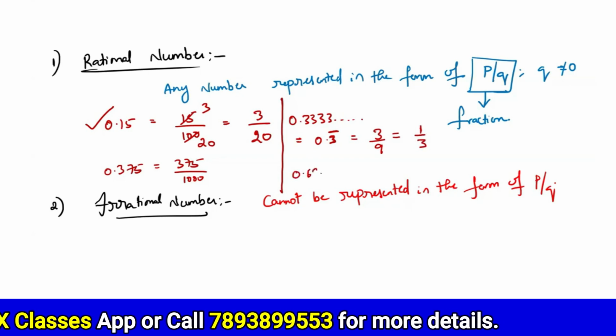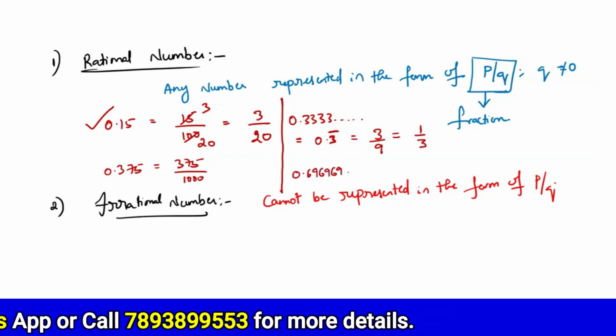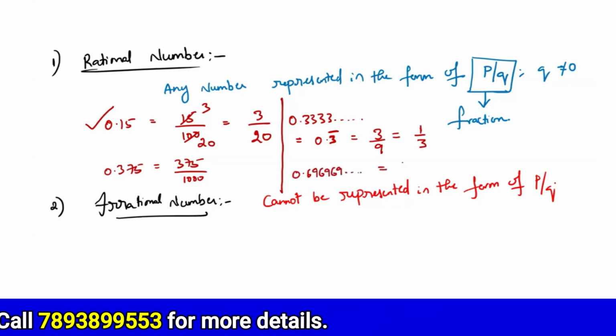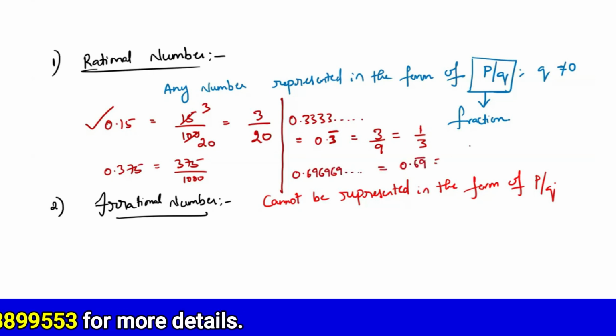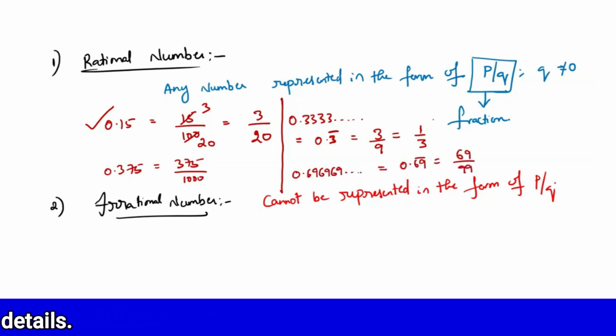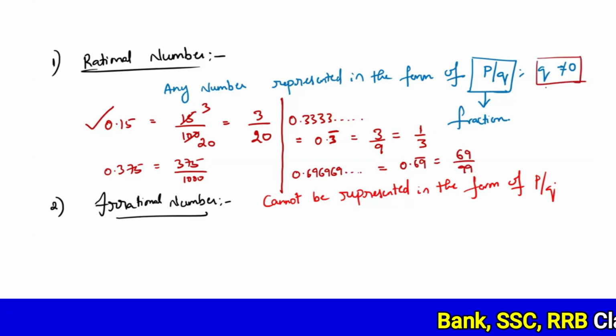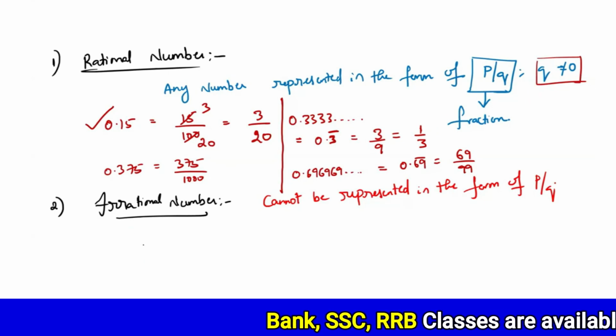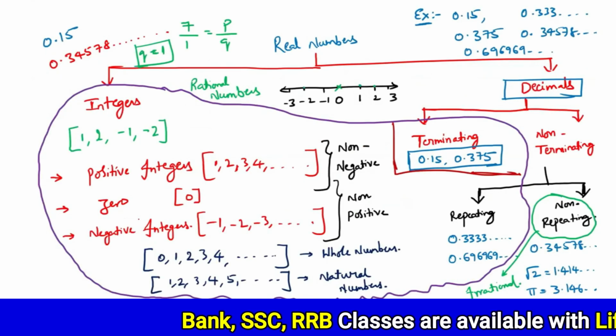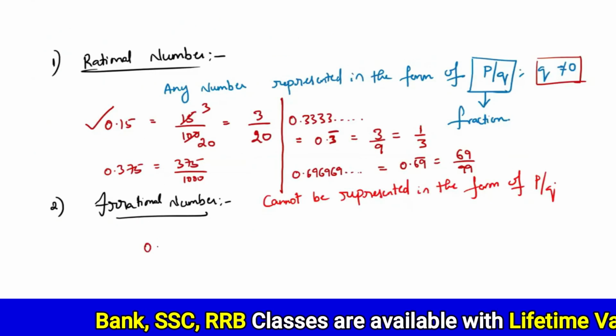Next, 0.696969 and so on, which can be represented as 0.69 bar. So 69 divided by 99, again a fraction. Whenever you represent these numbers as fractions in the form of p by q, where q is not equal to 0, obviously they are called rational numbers.